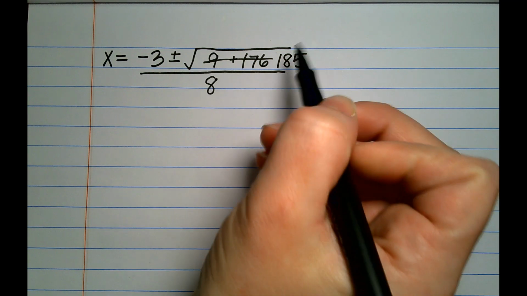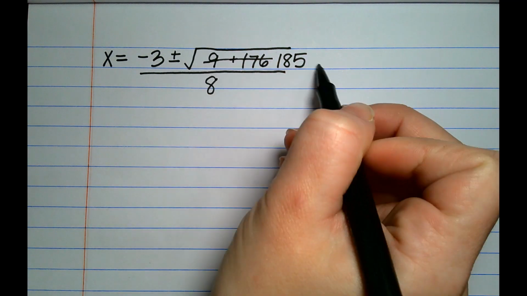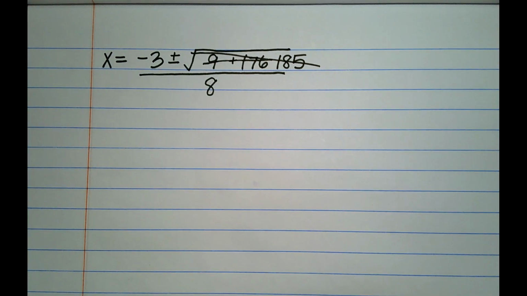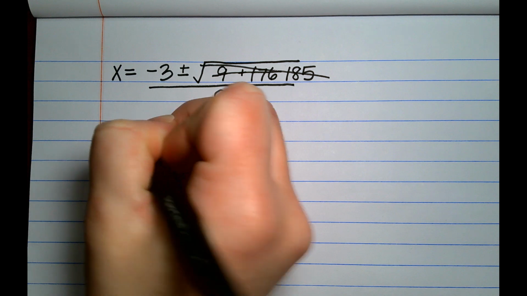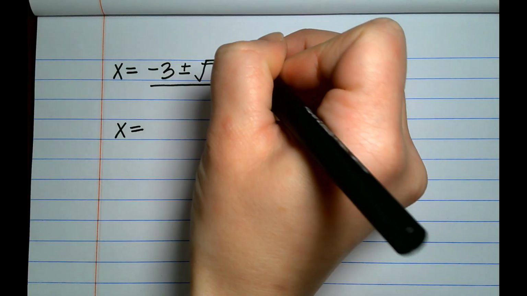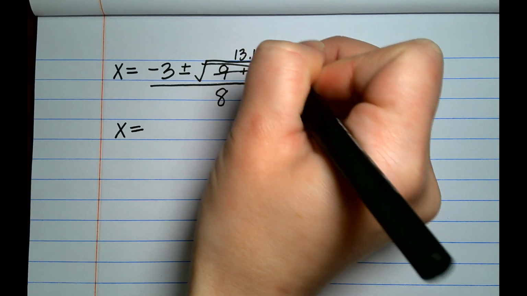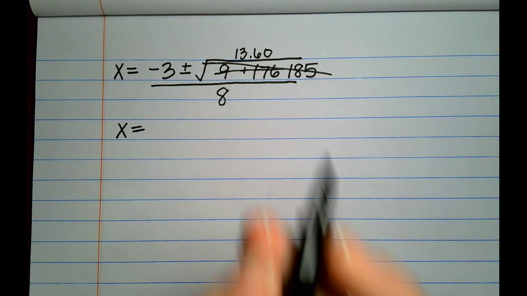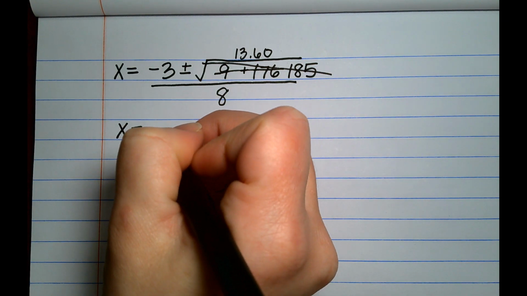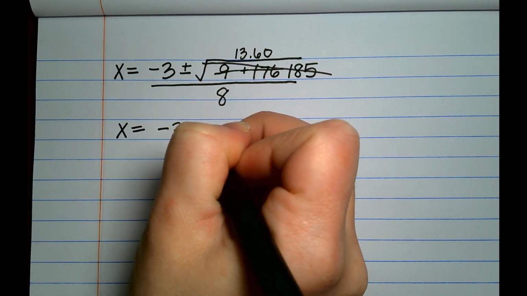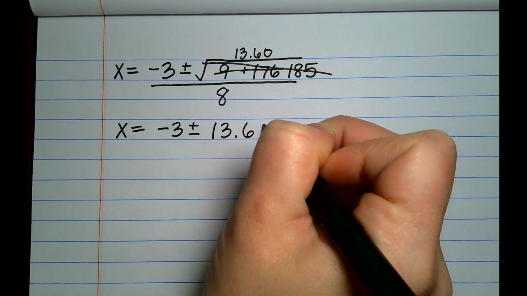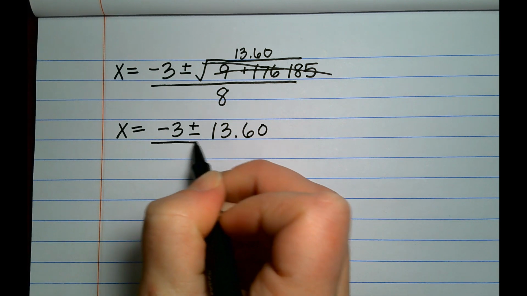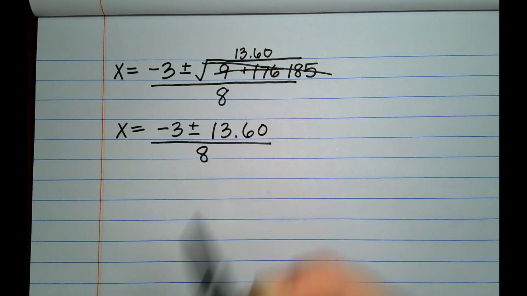So instead of the square root of 185, now I'm going to rewrite everything, but with the new number, which is 13.60. So I have x equals negative 3 plus or minus 13.60 divided by 8.